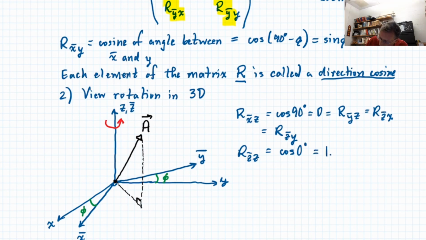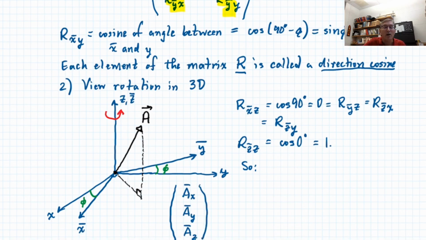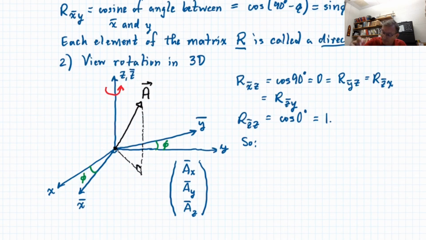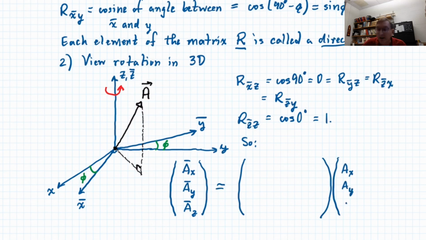Okay, so with that in mind, we can now write out the matrix product that we need. I'll write it down here. I have a 3 by 1 column matrix with the 3 components of A relative to the rotated axes: A x bar, A y bar, A z bar. And that must equal a 3 by 3 times a 3 by 1 with the 3 original components of A there, like that.